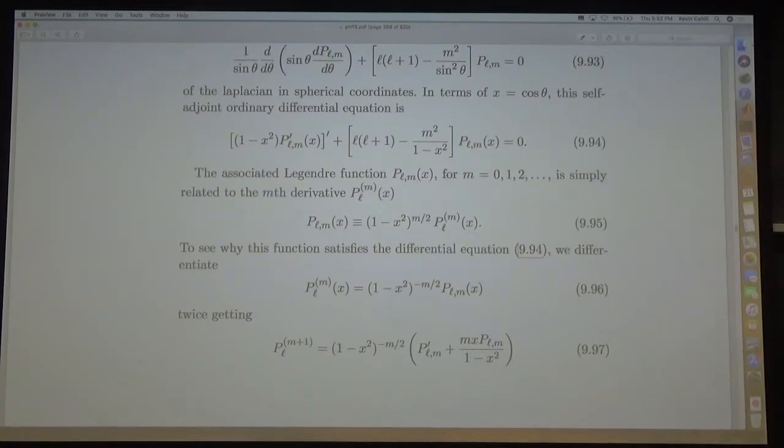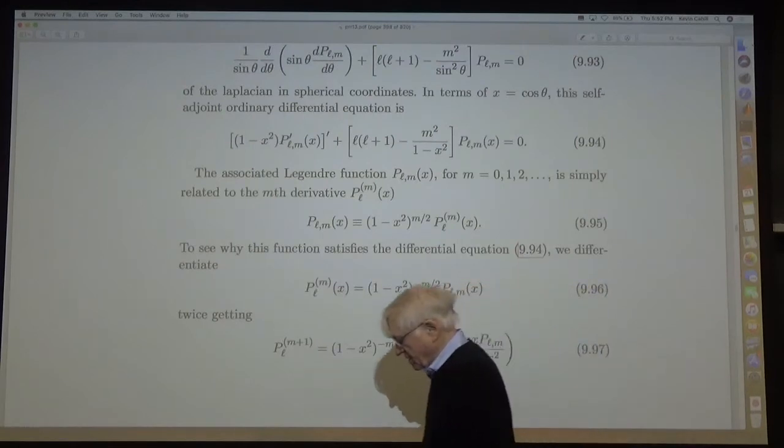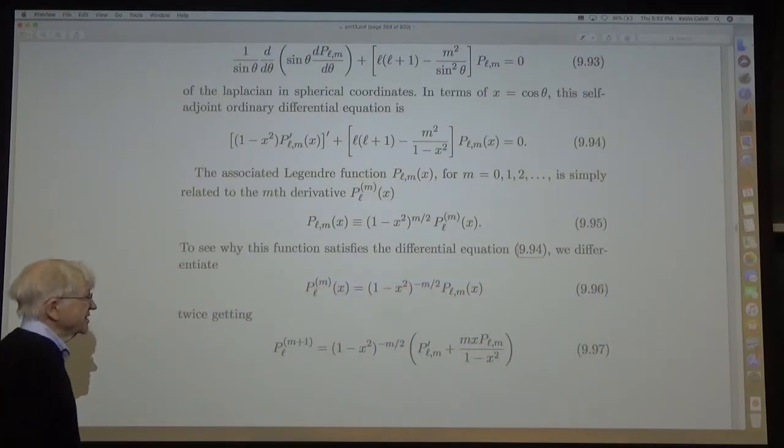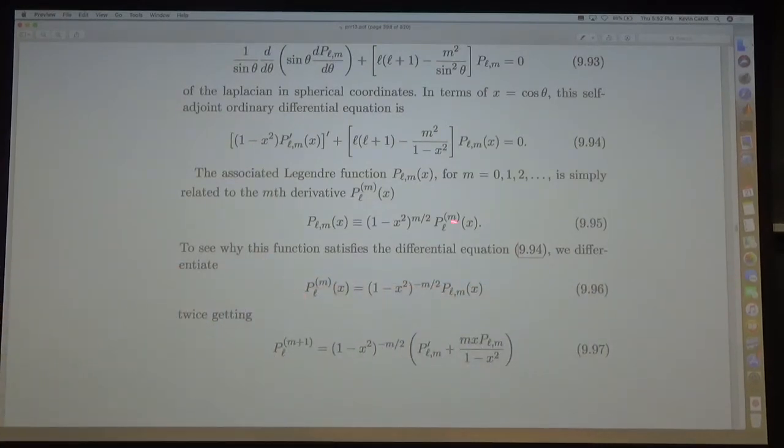So that's a quick derivation, or verification, that this is the right formula.